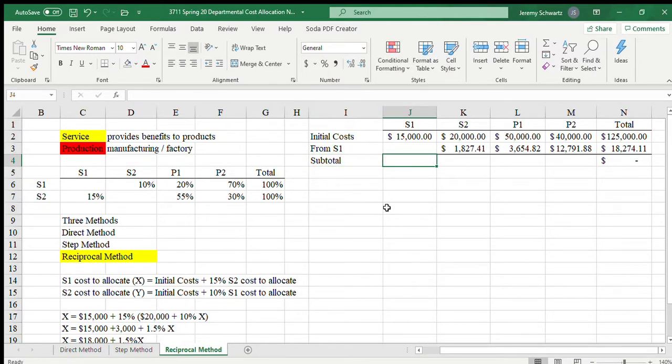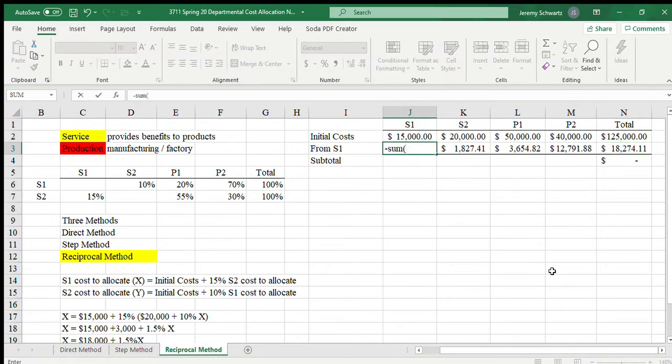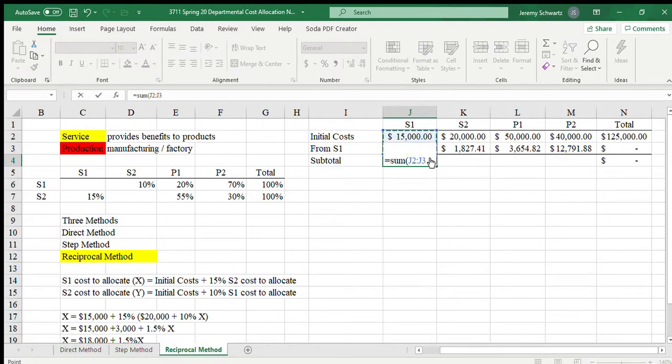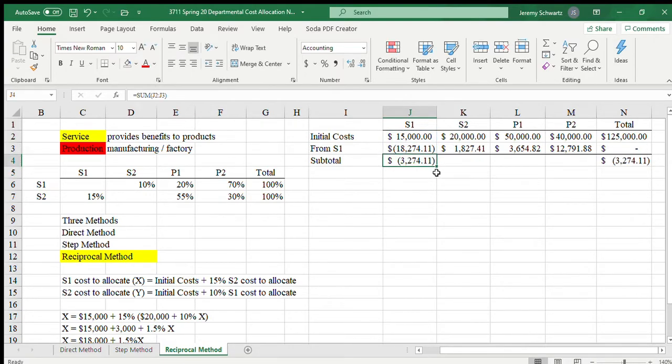Well, really, we shouldn't be having 18,000 remaining in there. So we're going to have to do minus the sum of these cells, and then summing down, we end up with a negative 3,274, which seems a bit odd. But then we see what's been allocated to the other service department and the two production departments.